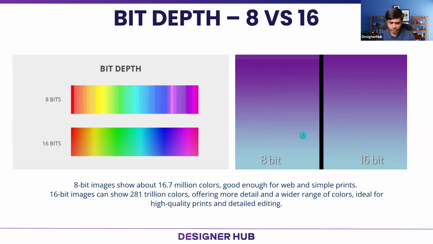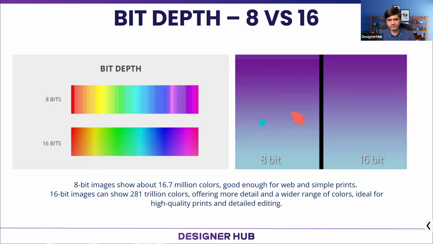You will not notice this difference on your digital screens because digital screens can render it properly. Even an 8-bit one will come perfect on your digital screens, but when you print it is when you will see these lines. That's when you need to understand that my resolution is right, my color mode is right, then maybe I have messed it up with the bit part. So I had to take a 16-bit one to get it fully right.